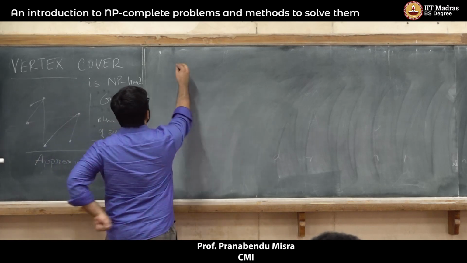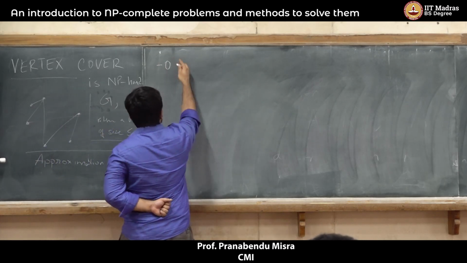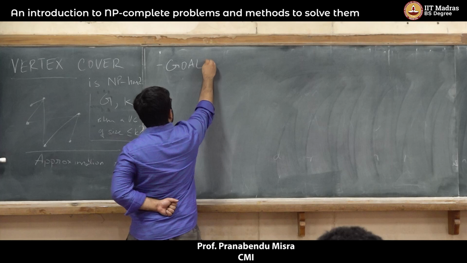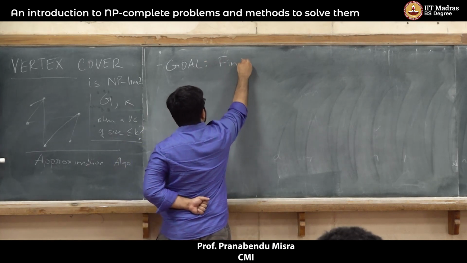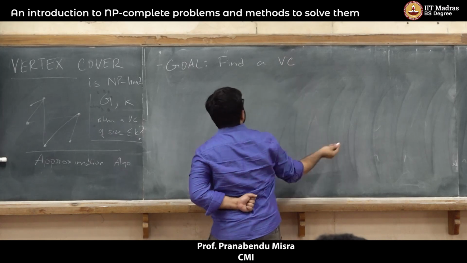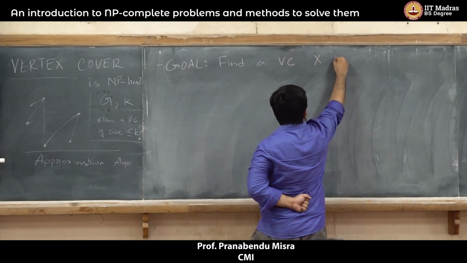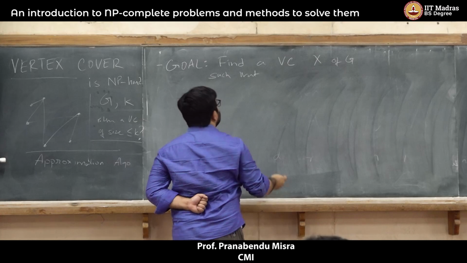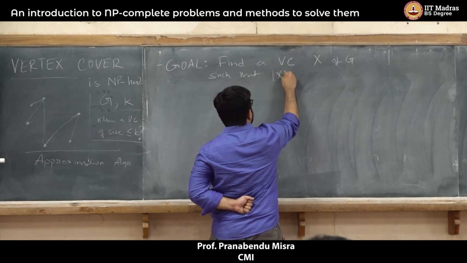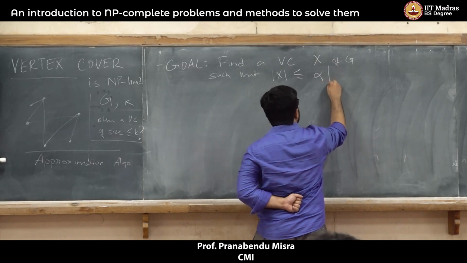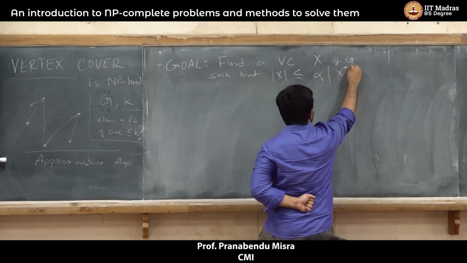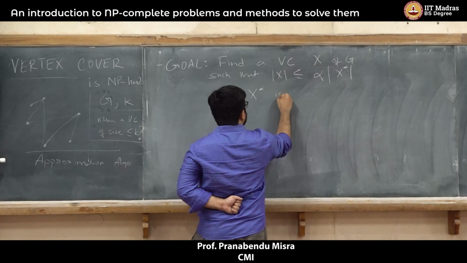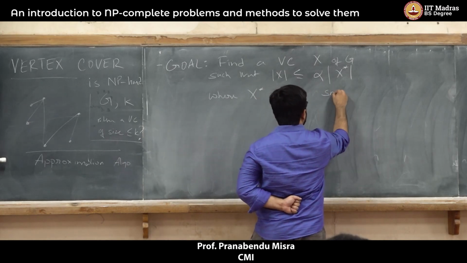The goal is: find a vertex cover, let me call it X, of G such that the size of X is at most some alpha times the size of, let me call it X star, where X star is the smallest vertex cover of G.